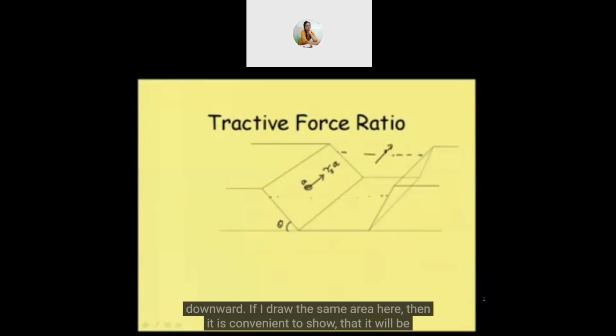If I draw the same area here, it is convenient to show the weight acting vertically downward. Let me write that weight as W dash. I am not writing unit weight, I am writing the complete weight of the sediment of that particular portion A.